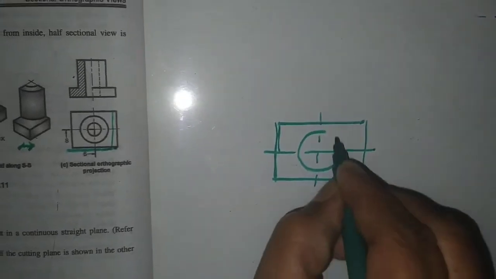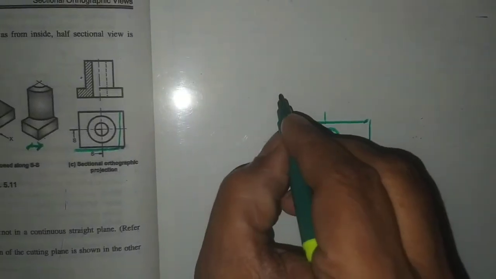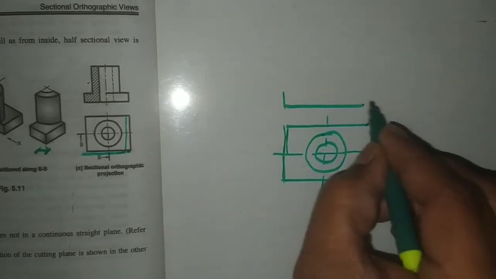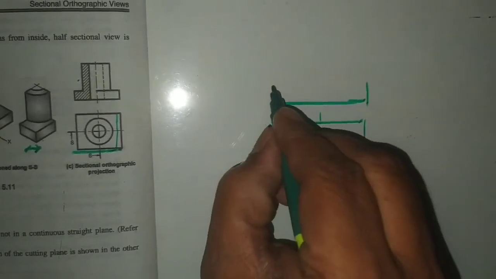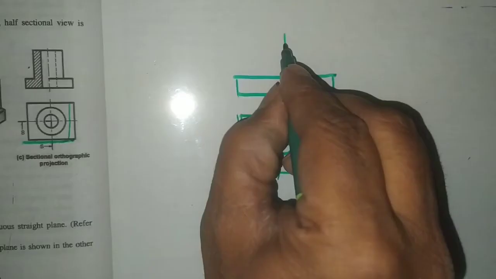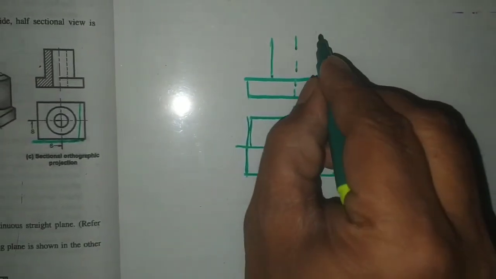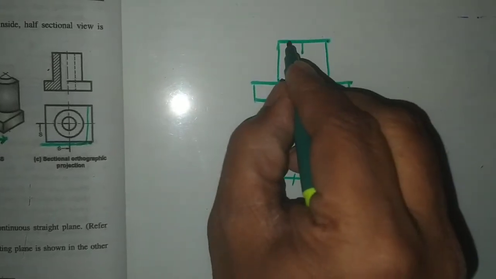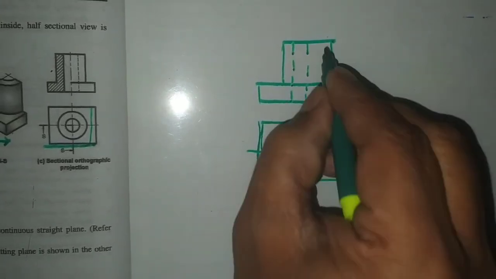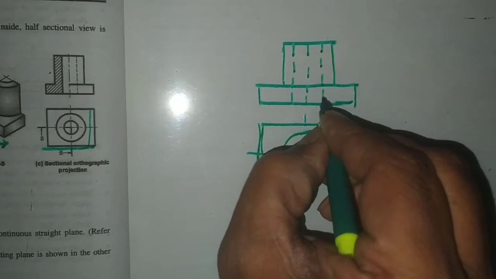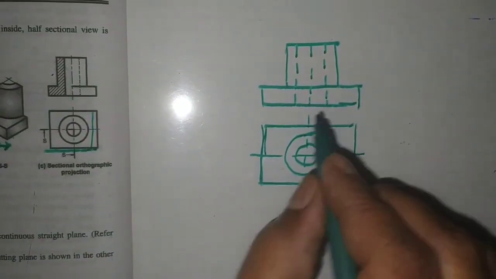These are the two circles. This is the front view. This is the top view and front view of the whole object.